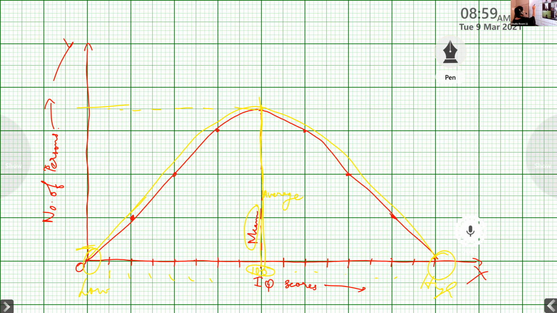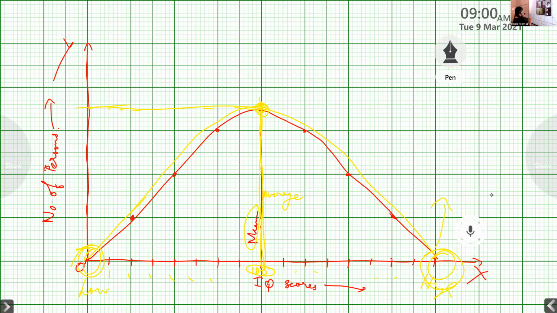This is the place where both the axes meet, where most of the people fall into that category, and a very small number will be on the two extremes, with very low intelligence and extremely high intelligence. On this side we'll have giftedness.